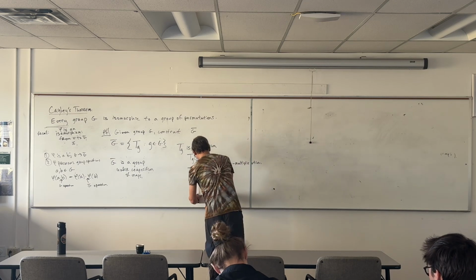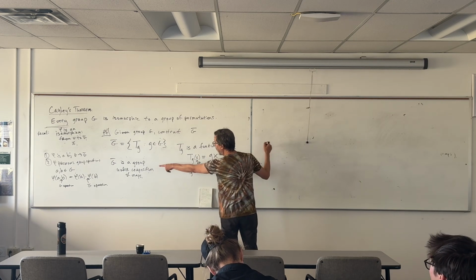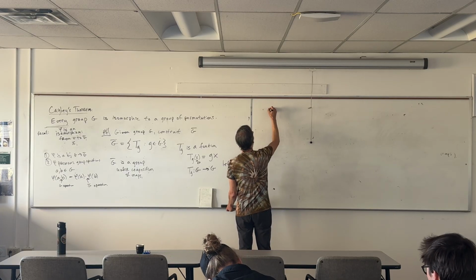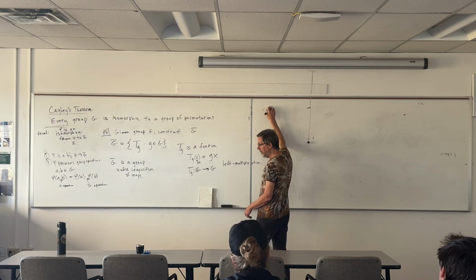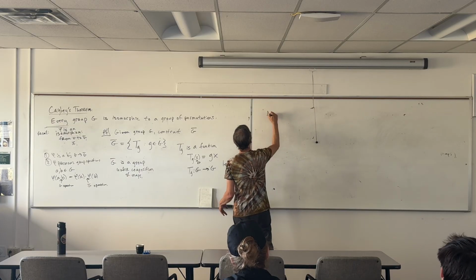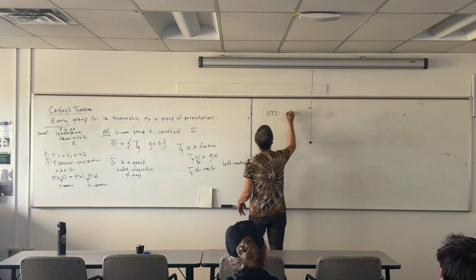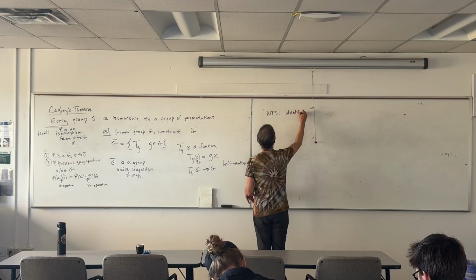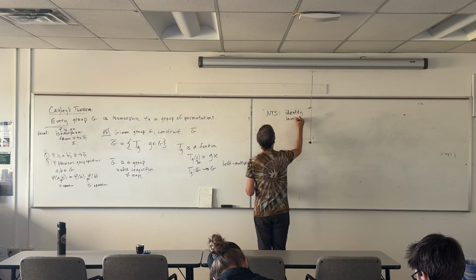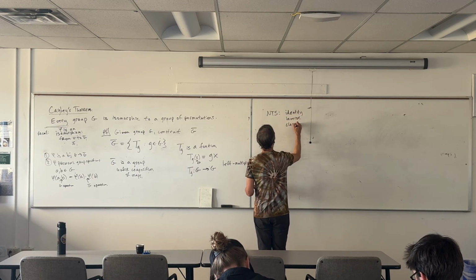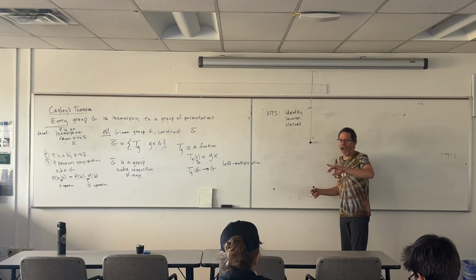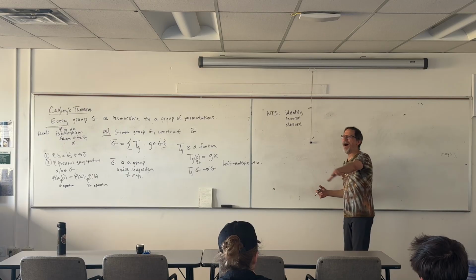So, all right, what do we got to show? We want to show G bar is a group. So what do I need to show? Identity, inverse, closure. Yeah, exactly. So we need to show there's an identity. I need to show the inverse property. I need to show closure. And I gotta show associativity, but I got that from composition of maps.